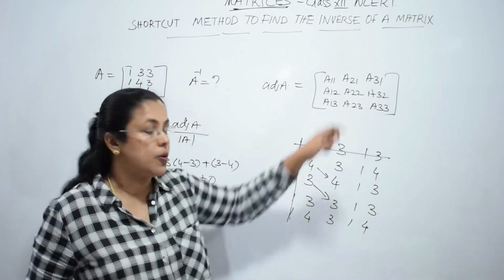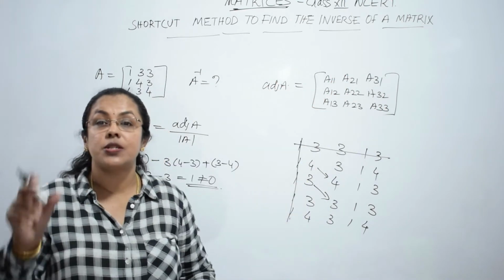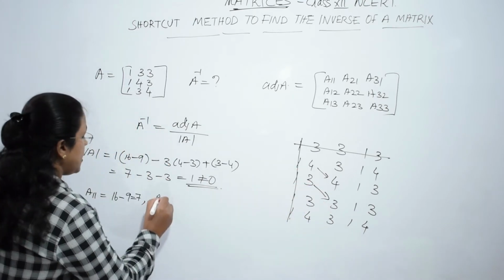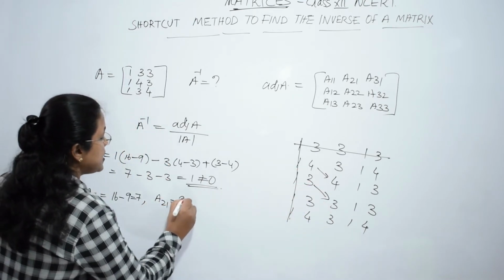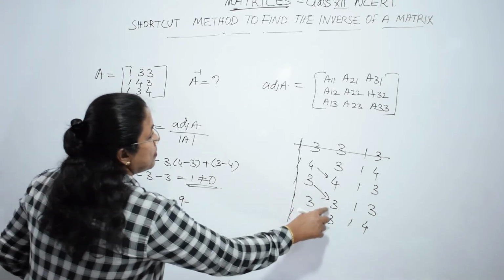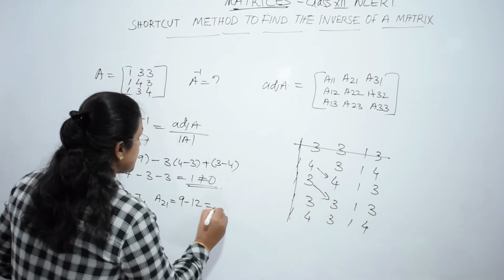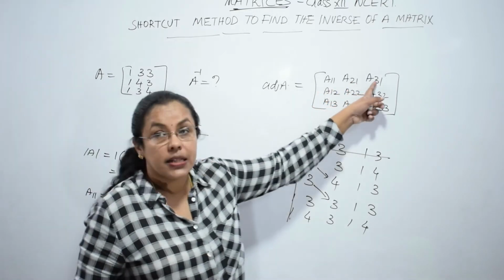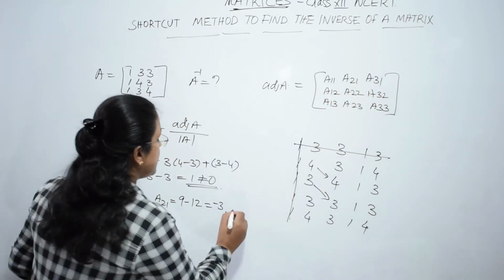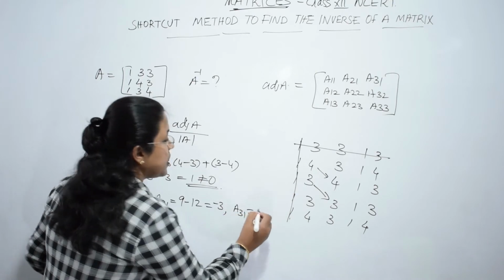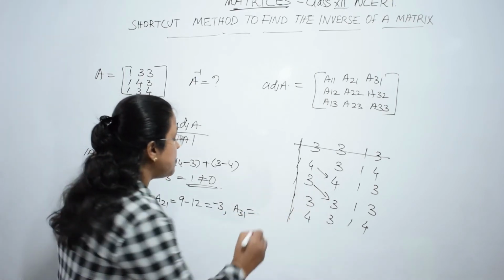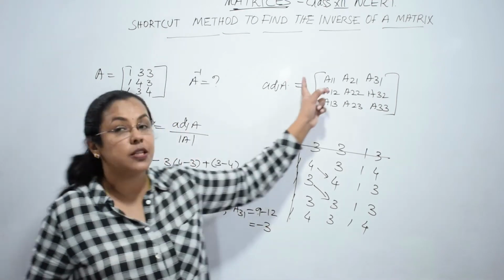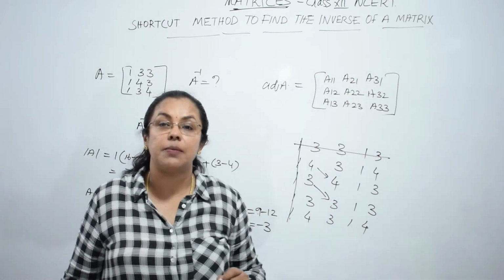For the first row, calculate along the first column. 3 3s are 9 minus 12, that is minus 3. Now A31 is equal to 3 3s are 9 minus 12, again minus 3. We get the first three cofactor elements.